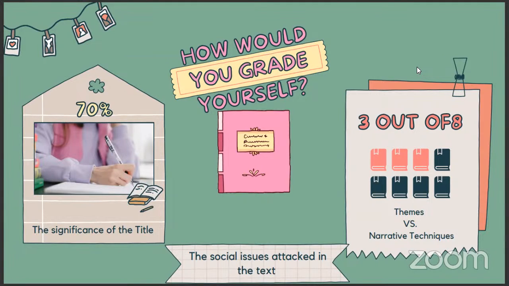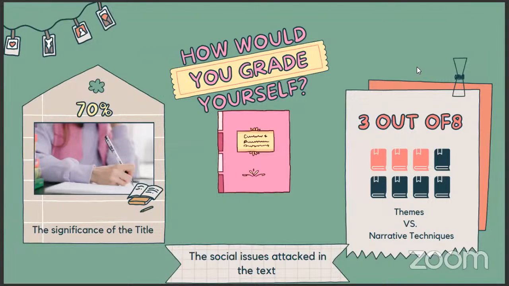Because then in understanding the title, you go way in depth of understanding what was in the author's mind when he or she chose this narrative. Then the social issues attacked in the text. So by understanding what was happening during the time the author wrote, then you can link that to whatever question you have, because then you'll have a lot of information to add to your body paragraphs, right?